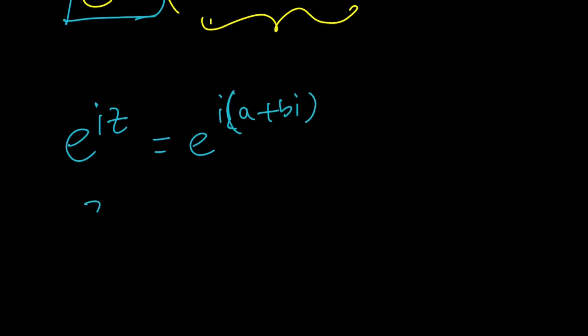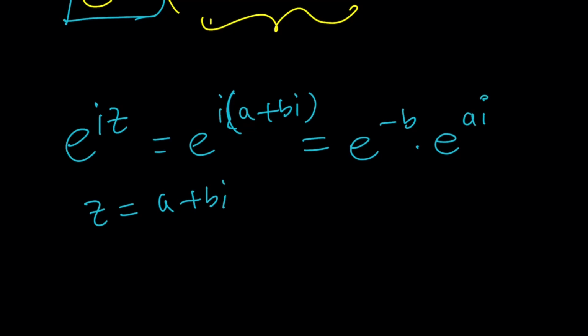And then this gives us e to the power -b times e to the power ai. Not artificial intelligence, just the number, the complex exponential. So here, as you can clearly see, e to the power negative b is going to be the modulus. So this is what you're looking for.